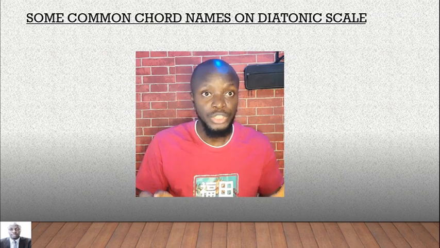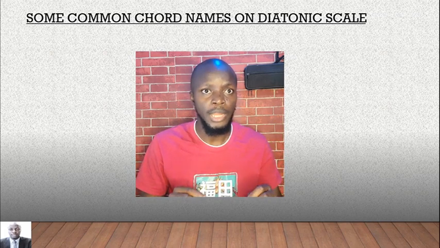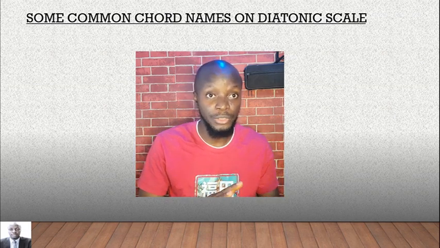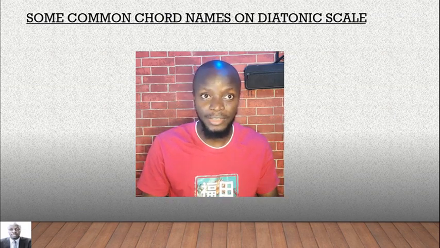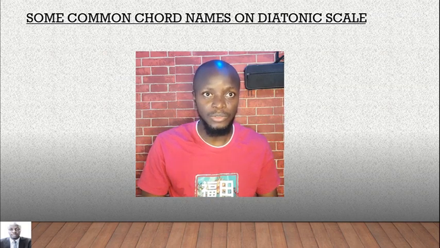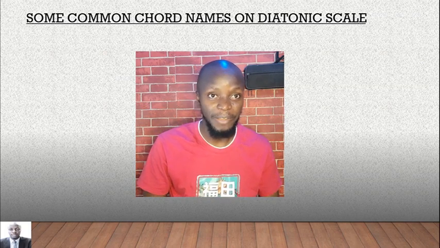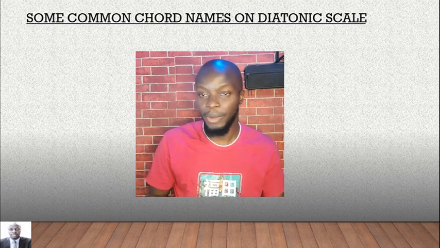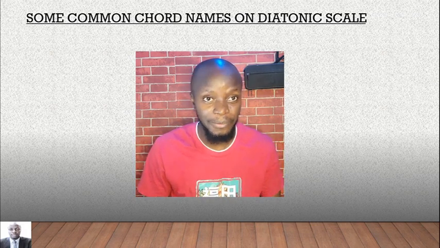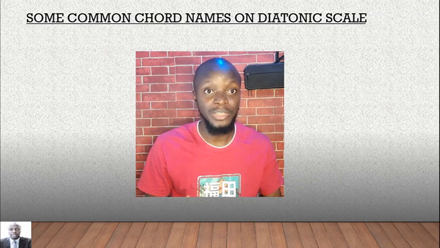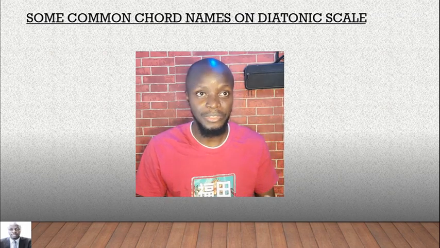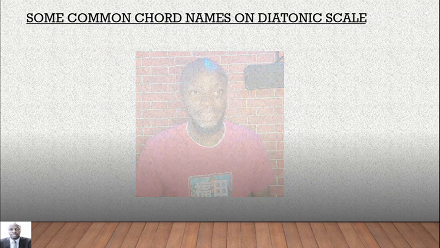Remember, when I mention diatonic scale, I am actually referring to the major and the minor scales, right? So major or minor scales, all the basic chords that we can find on them. We want to talk about their names, their symbols, and how they are usually represented in a piece of music or in music making.